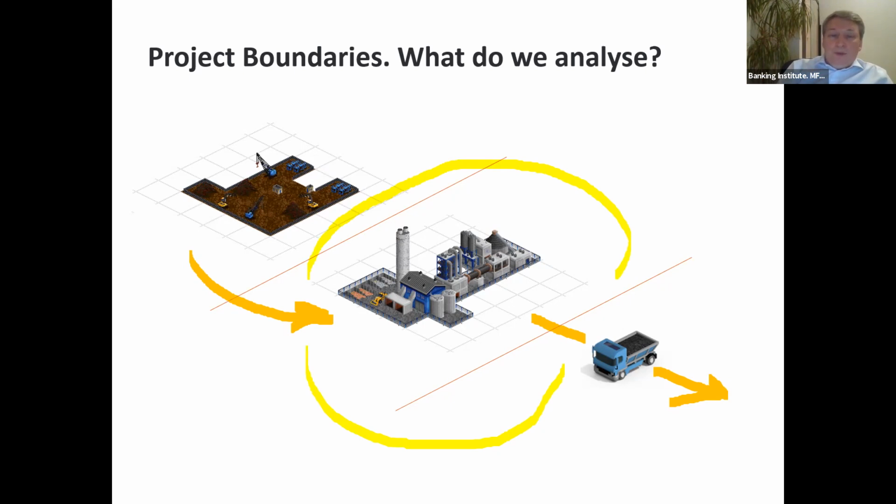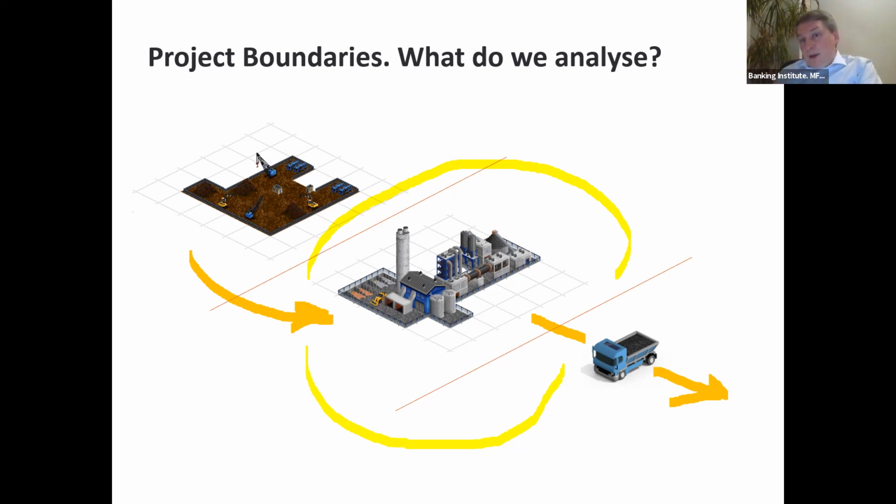Instead, we invest in a deposit of raw materials, and we build our plant next to this deposit. But it depends on the project. In this case, just to simplify our calculations, we say that everything that goes before the raw materials come to the plant, we ignore. This is not our business.